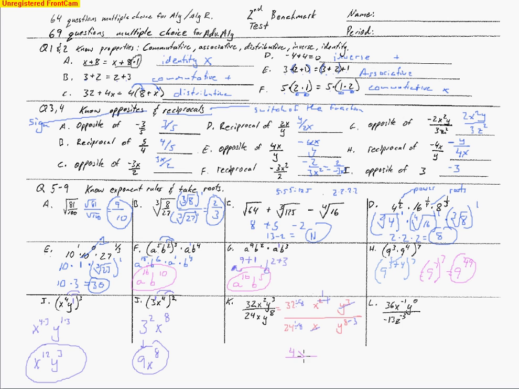It just is 1x. 24 divided by 8 makes 3. Notice the 3's on the bottom, and also the y's: 8 minus 3 made 5. Fix that 5 real quick. So we have 4x over 3y to the 5th power. And there is our answer.